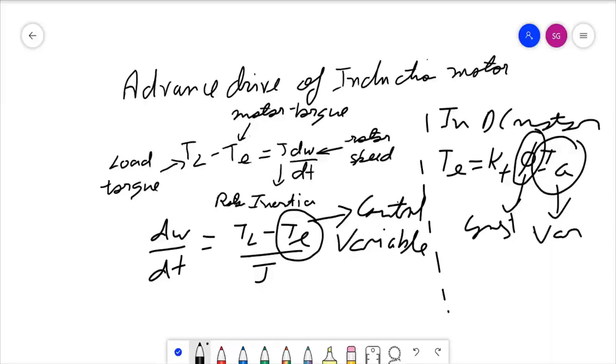So there is always a coupling between these two currents. If you want to control the armature current, you will somehow distort the field of the machine if you are controlling the armature voltage. So you will reduce the flux and the capacity of the drive. So better techniques were proposed, which we will study further.